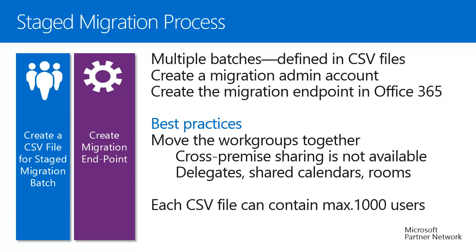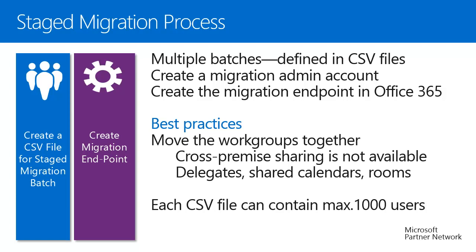The best practice for performing a stage migration is to move those groups, those users together who are normally working together. This is mainly because of the so-called cross-premise sharing, when one user who is already using the cloud mailbox is trying to share his mailbox or his calendar with one user who is on the on-premise server yet.